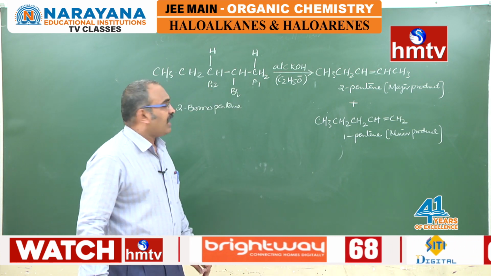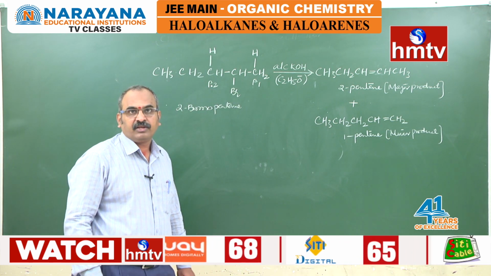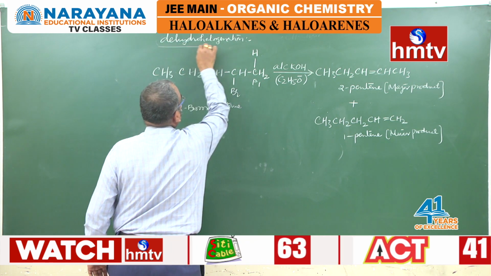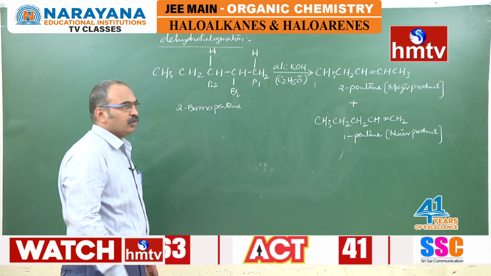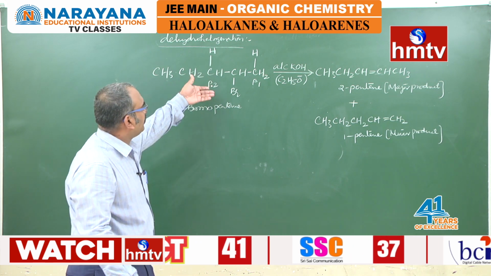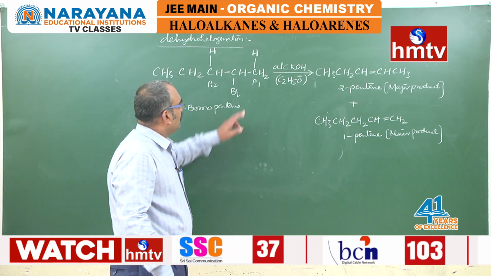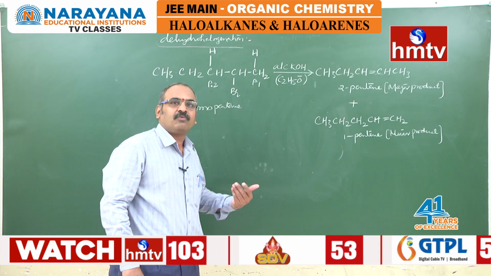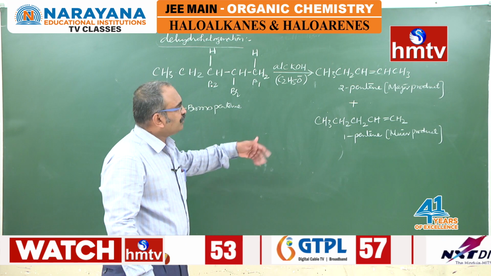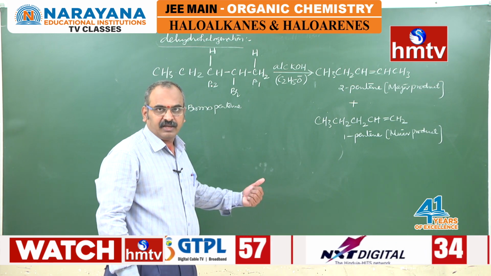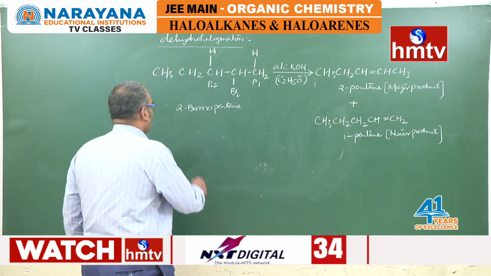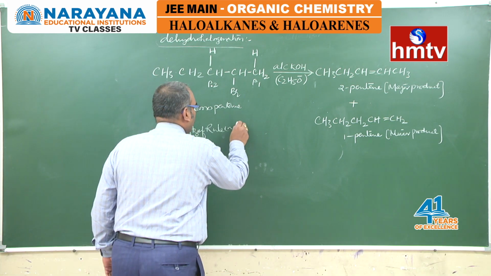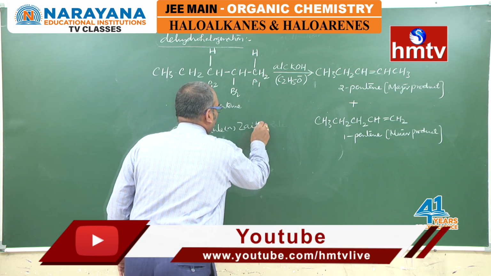So whenever more than one type of beta hydrogen is there during the dehydrohalogenation, which means removal of hydrogen and halogen from adjacent carbons, because it is beta elimination, the major product is decided by a rule called Saytzeff rule or Zaitsev rule.